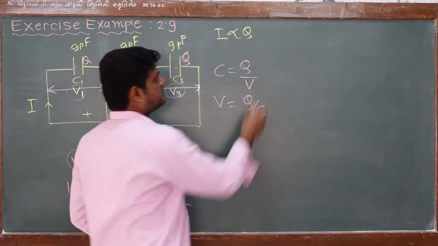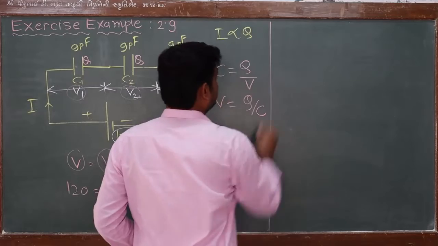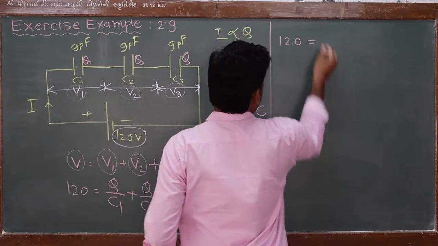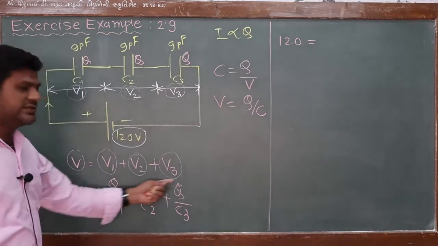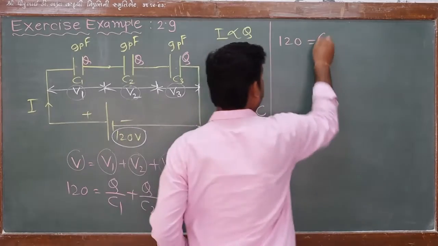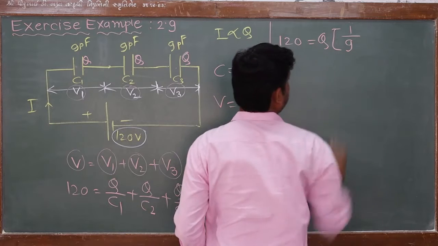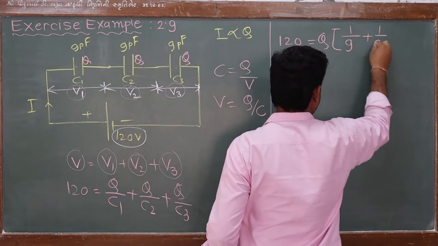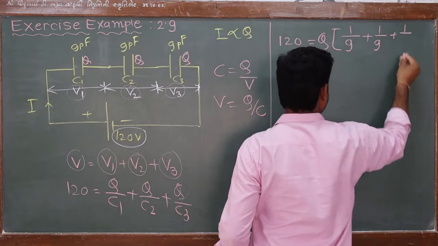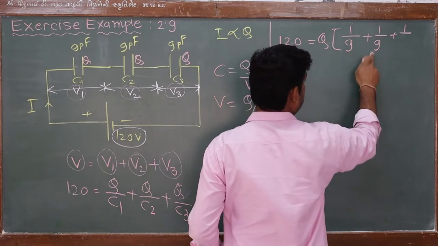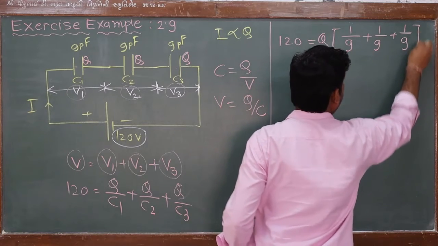Again, 120 equal to Q taken outside as common, times 1 by C1, 1 by C2 and 1 by C3, each of which is 1 by 9.